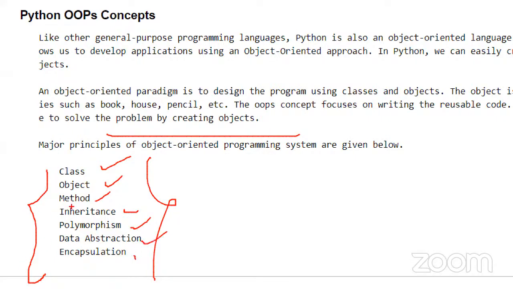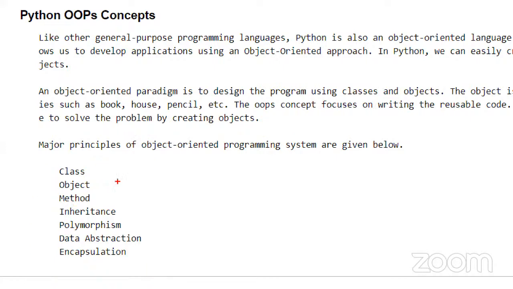You have to remember these keywords until your final year, because these are the most important concepts in Java and Python also. Class, object and method are obviously required to develop object-oriented concepts, but through the main pillars of object-oriented programming you achieve these concepts.